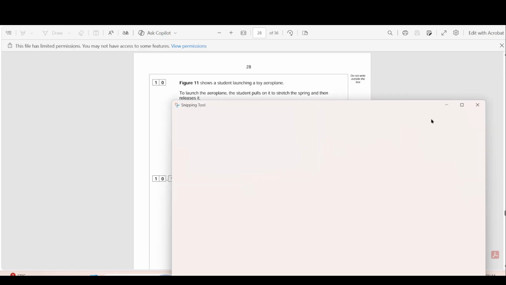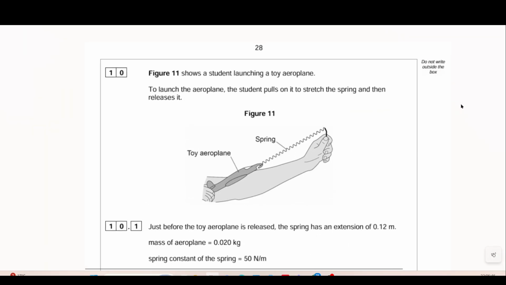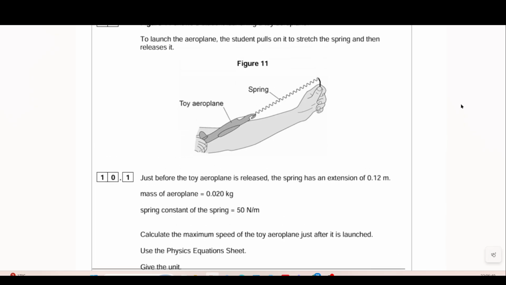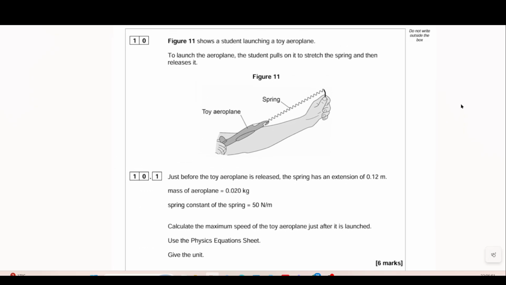Maximum speed. Distance traveled equals speed times time.